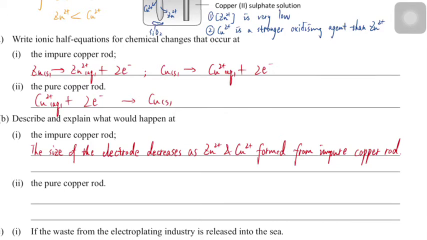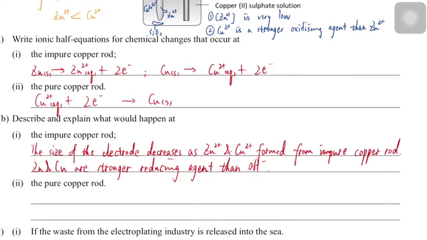Okay, and zinc and copper are stronger reducing agents than hydroxide ion.